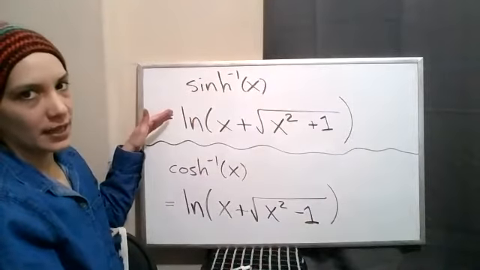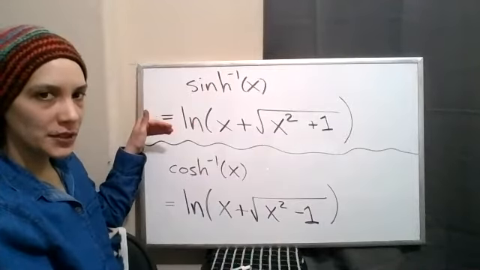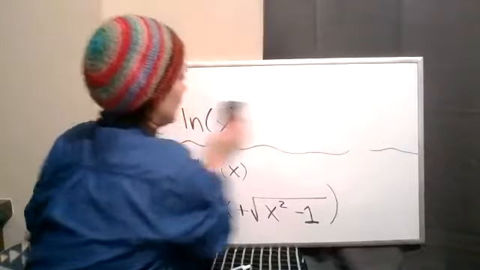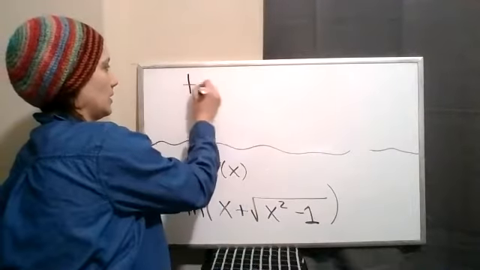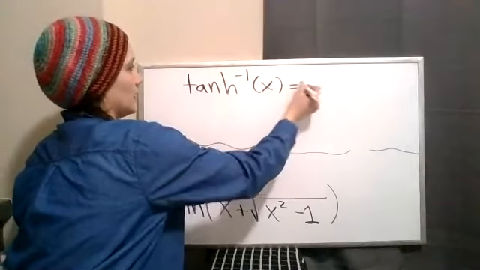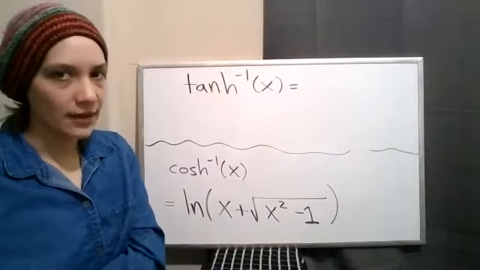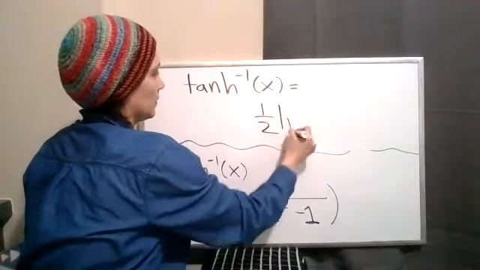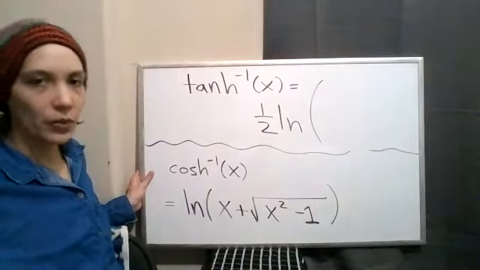And the last one I'll write down is the inverse function of hyperbolic tangent. So tanh inverse of x is equal to 1/2 times ln of (1 plus x) over (1 minus x).